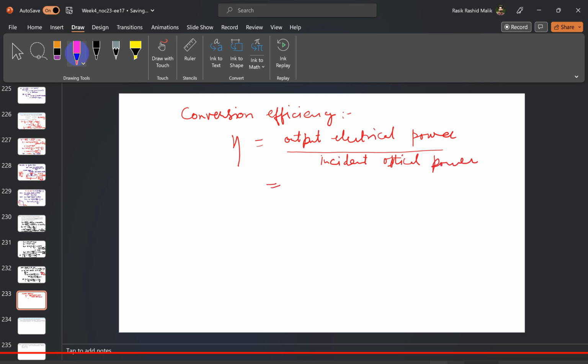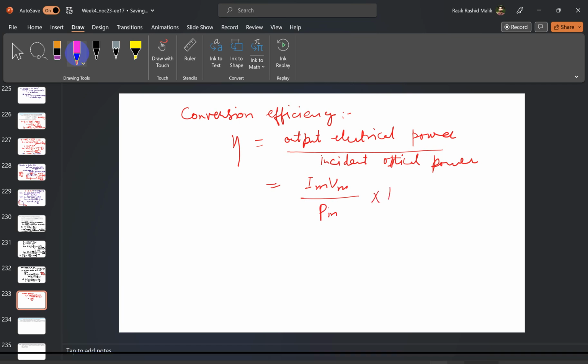So that is the maximum output power divided by the incident power P, times 100 percent. The maximum possible current and voltage in the solar cell are ISC and VOC.